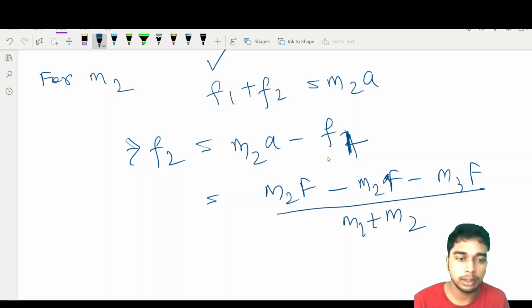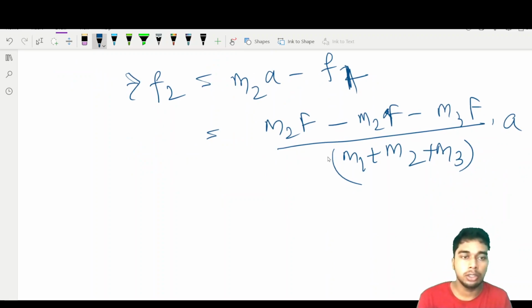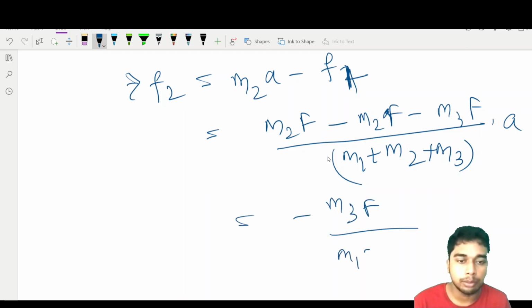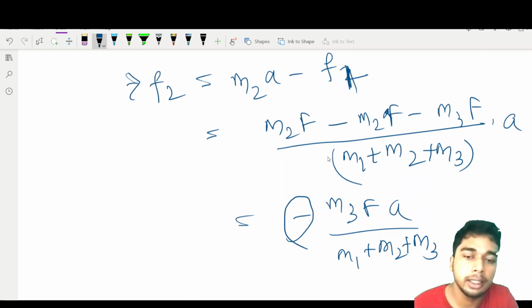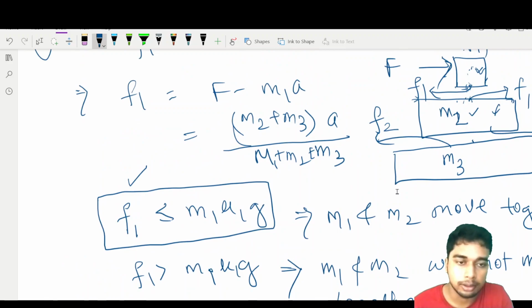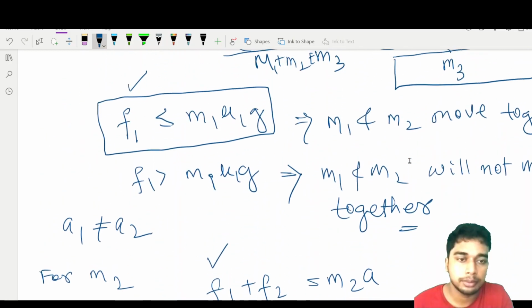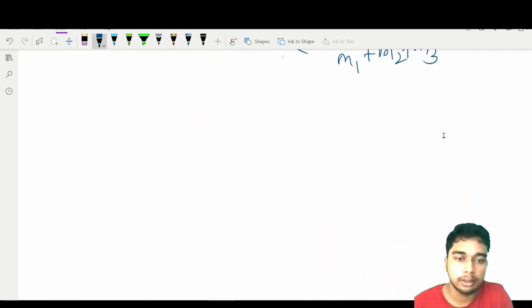This was the whole mass times acceleration. So what did I find? I found that this will be a negative m3F by (m1 plus m2 plus m3). What does the negative sign indicate? The negative sign indicates that we have to take the direction of F2 in the opposite direction.